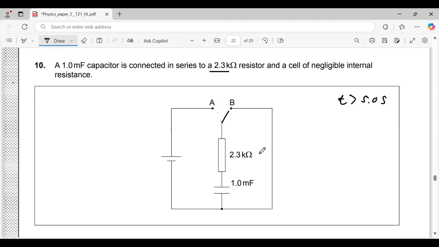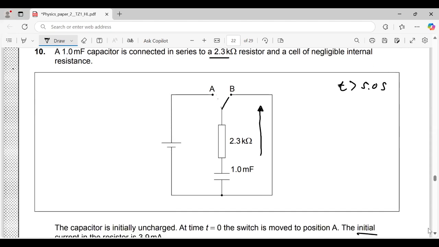So the direction arrow points upward like this, because the electricity flows through the capacitor and then the resistor. I think that is clear.